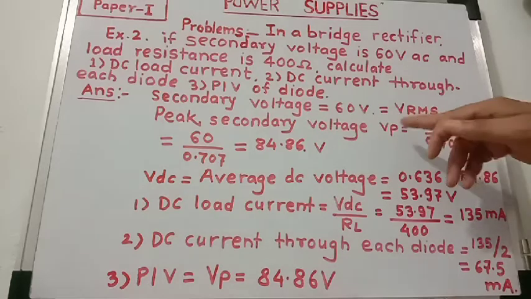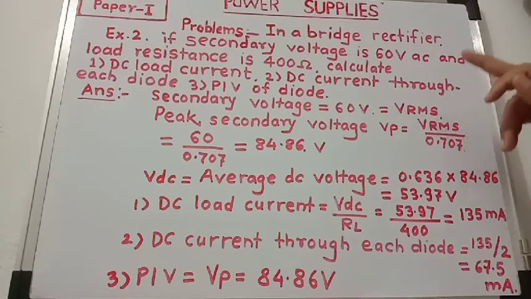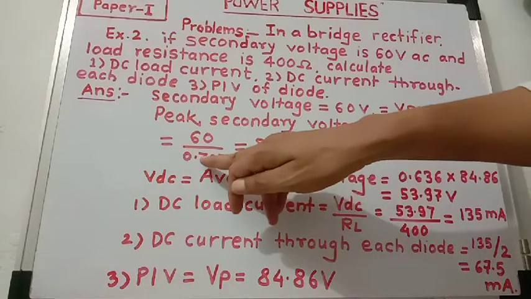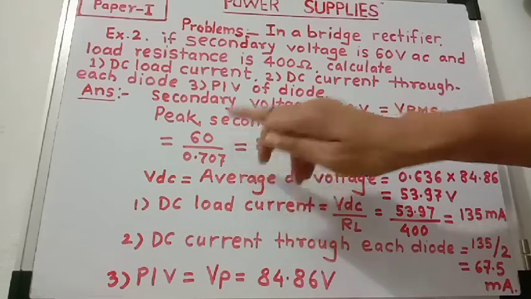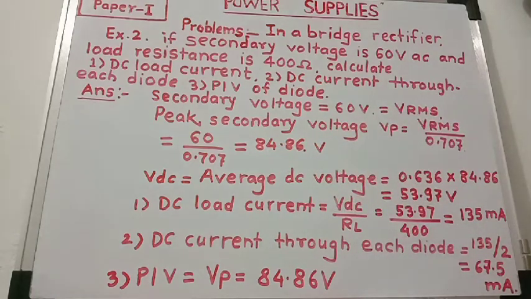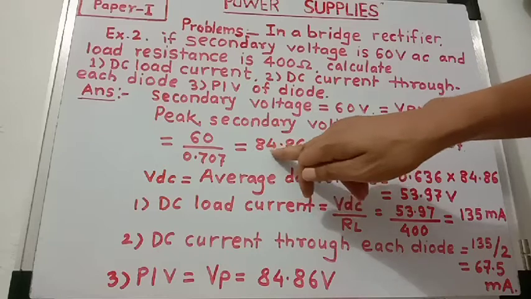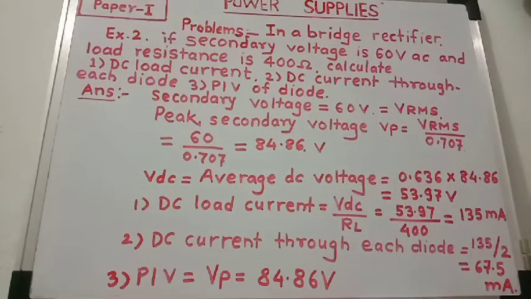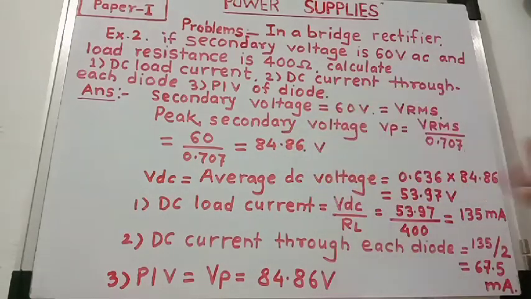So peak voltage Vp is equal to 60 into 1.414, or 60 divided by 0.707, and it comes to 84.86 volt. 1.414 into 60 is approximately 84.86 volt. So this is called the peak voltage or peak secondary voltage, Vp.